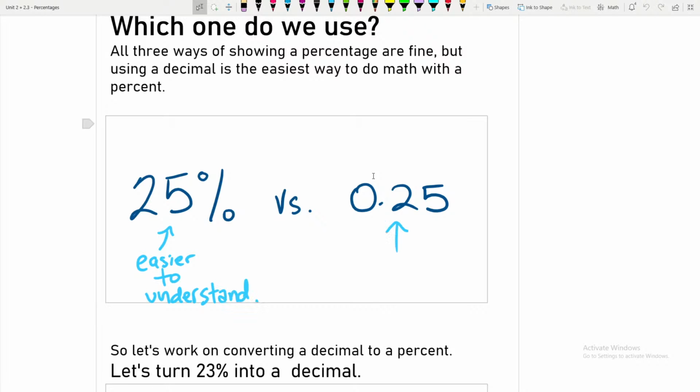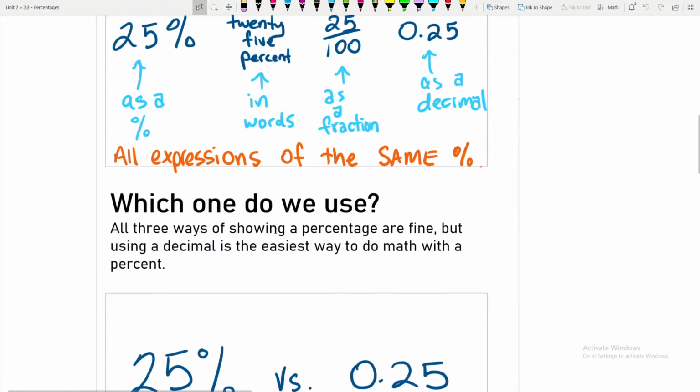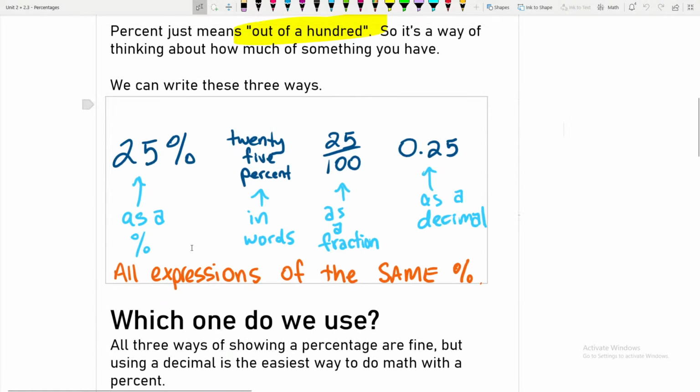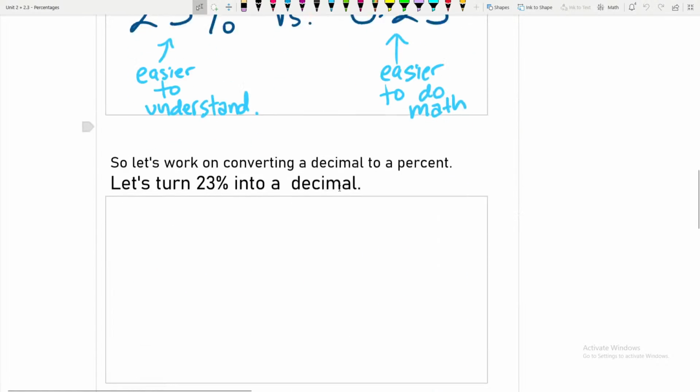But the decimal form is easier to do math with. And for that reason, we tend to work with the decimal form more often than we work with the percentage form. Though again, you're going to see all of these for sure in your life.